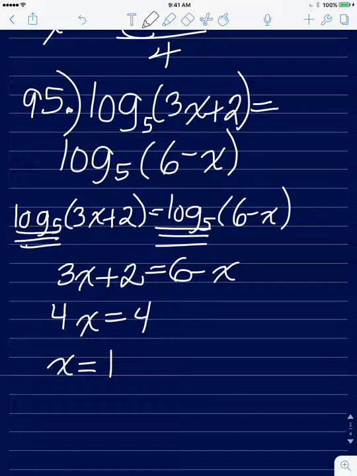Now, why didn't I exponentiate? Well, because I could have, and essentially that's how you cancel them out. But because I had a log on both sides, not like the other problems, I didn't really have to go through that. But here, let me show you something.